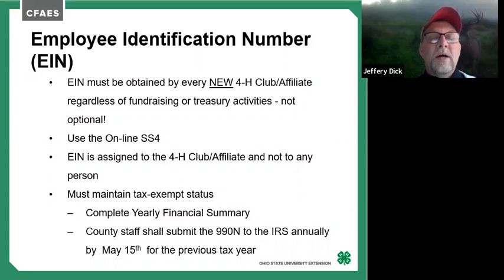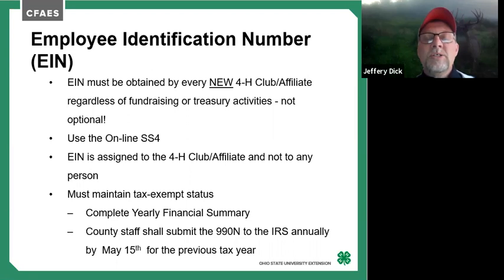You can use the online SS4 form. Again, that's online with the Internal Revenue Service. This form is how you request an EIN number. And again, we're going to have you request that for the club or affiliate, not for you as an individual, although the SS4 form will collect your individual name and social security number.